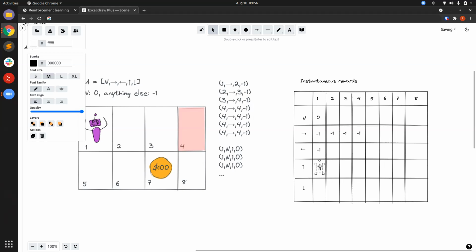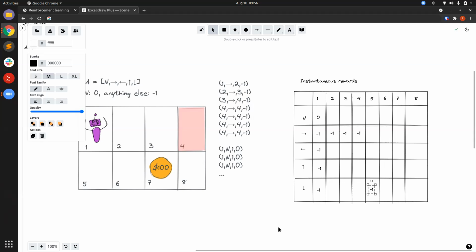If I attempt to go up, same deal, I stay in state 1 and earn -1. If I attempt to go down, I earn -1, then I end up in 5, where if I attempt to go down again, I still keep earning -1. So now I know the instantaneous rewards with the policy of always pursuing the same action.